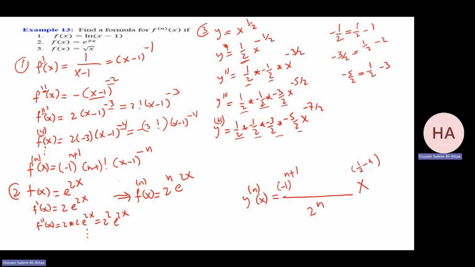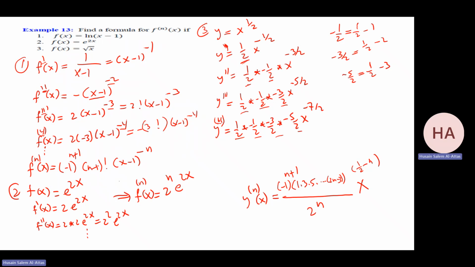And now this number, there is no easy way to do it, but it will be written like this: 1 times 3 times 5 times until what? 2n minus 3.